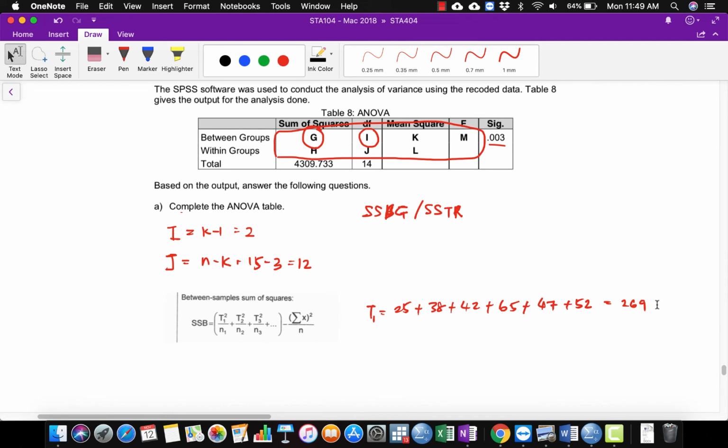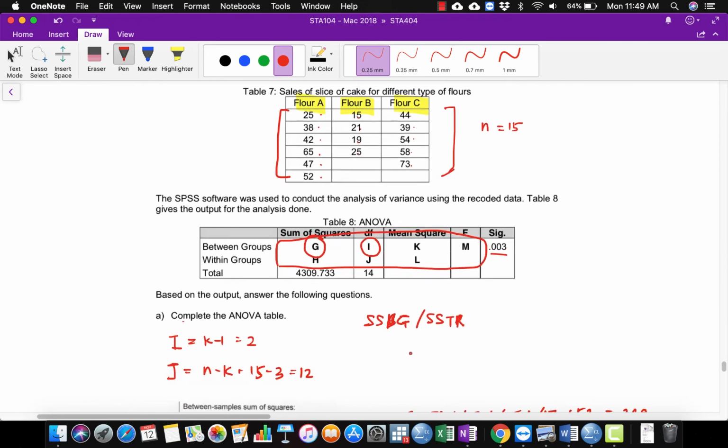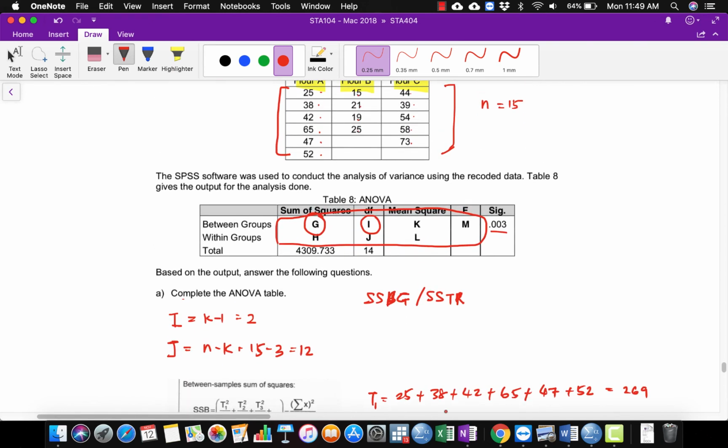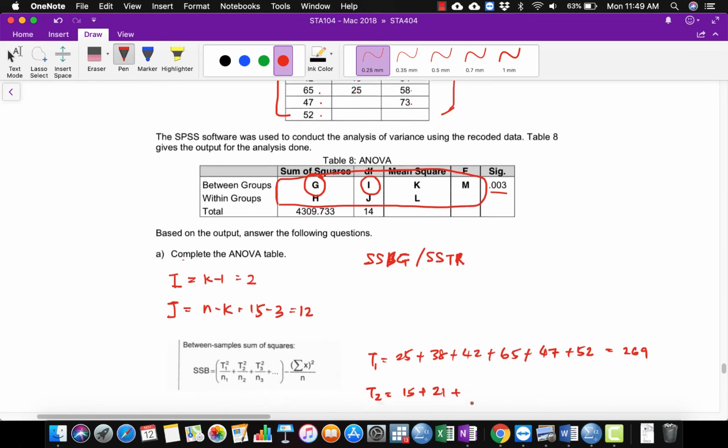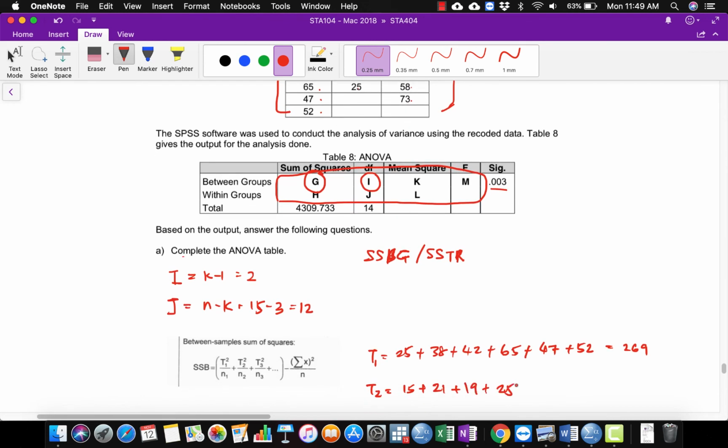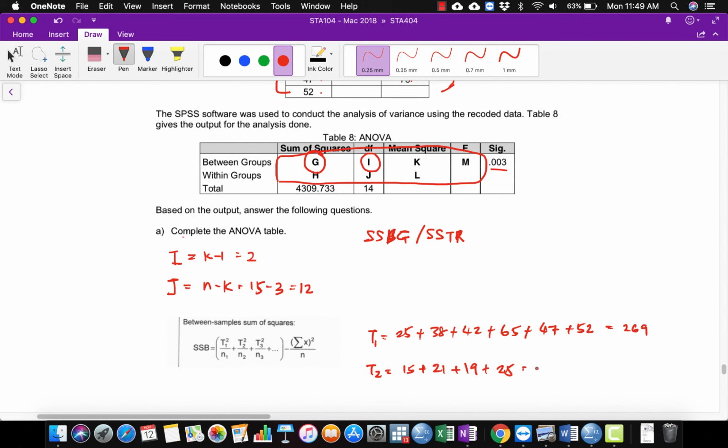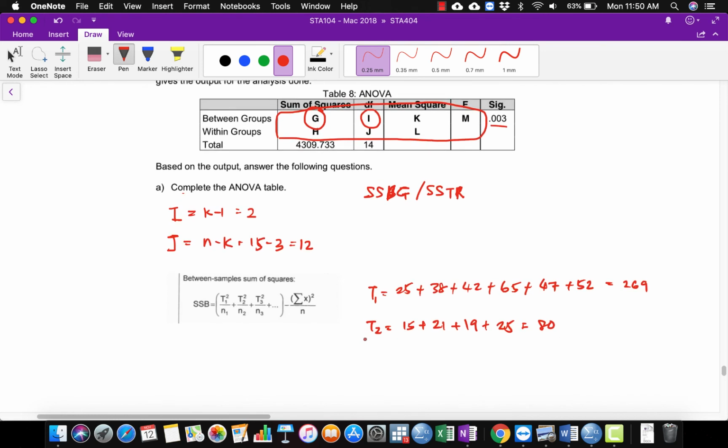And T2 should be equal to 15 plus 21 plus 19 plus 25, which should be equal to 80, right?